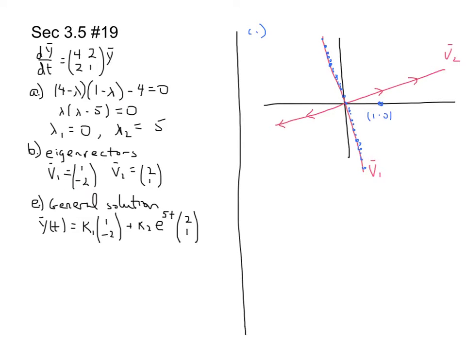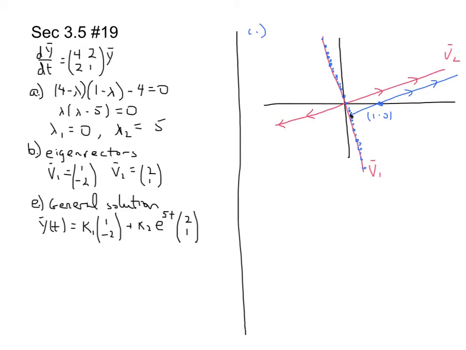What is happening? Well, as time moves forward, you will move away parallel to the v2 direction. And as time moves backwards, you will have come from the corresponding point on this line, the line given by the eigenvector v1.